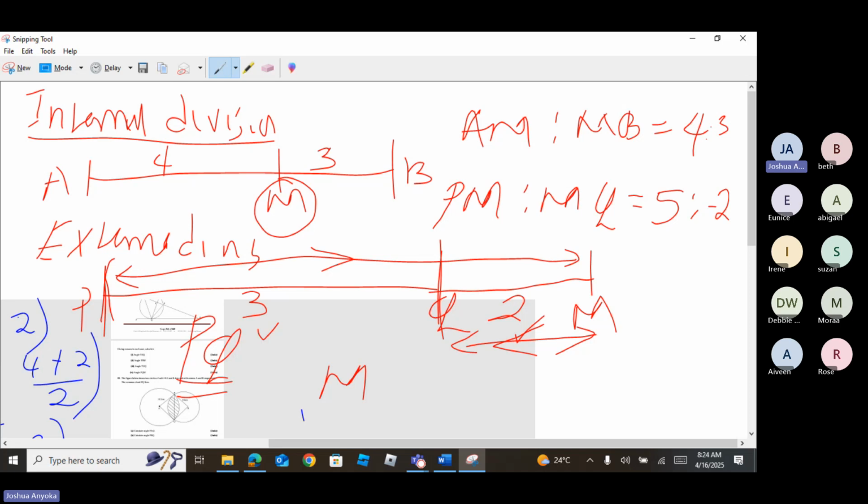So the ratio PM to MQ is 5:-2, meaning that we are going against the initial direction of the line PQ that is being divided by M. So when we see a ratio which is stated with a negative somewhere, it means what we have is external division, or the element of external division is stated in the question.